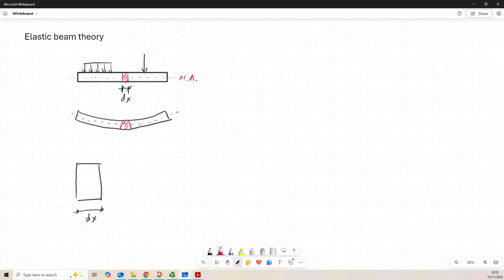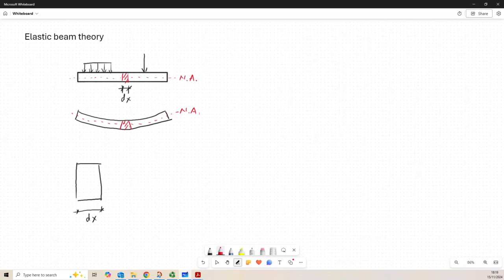Above this neutral axis, the beam will be in compression. Below this neutral axis, the part of the beam will be in tension. And along this neutral axis, there's no deformation, so that means there's no compression or tension.